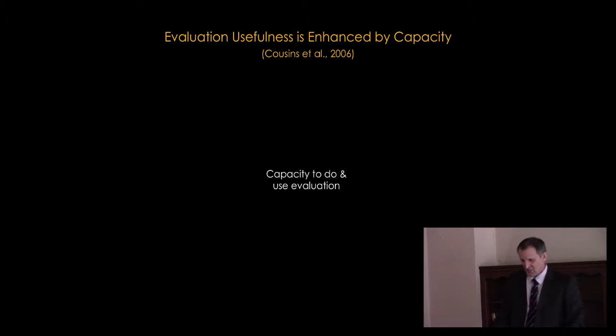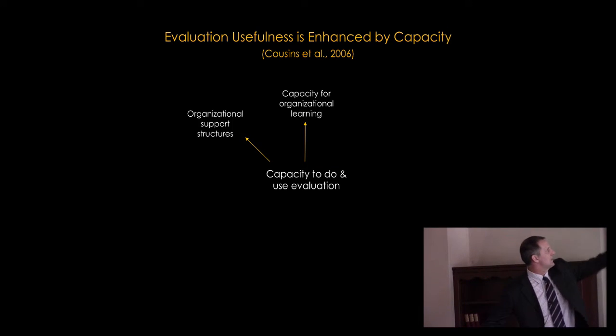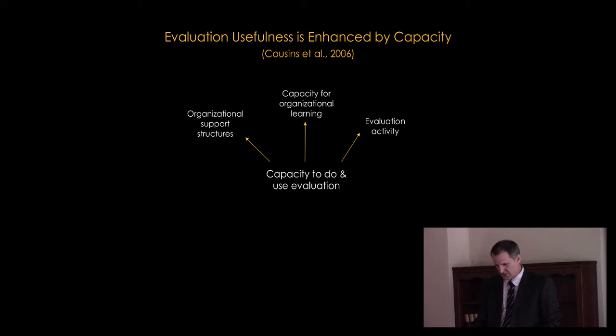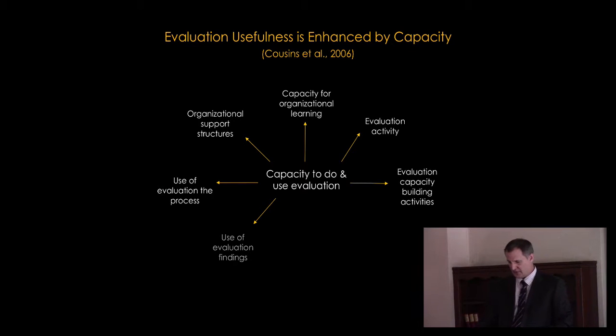The details of this aren't so important, but the claim here is that if an organization has robust capacity for organizational learning, if they have particular organizational support structures, if evaluation activity proceeds in a particular way, if evaluation capacity building activities are undertaken, if there's use of the evaluation process and use of the evaluation findings, there are various benefits.